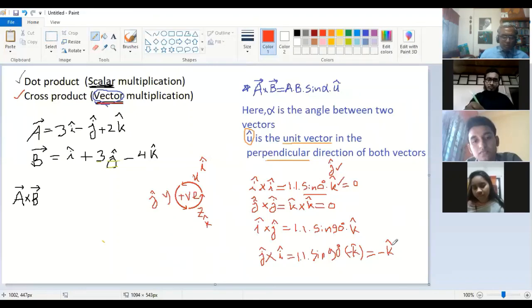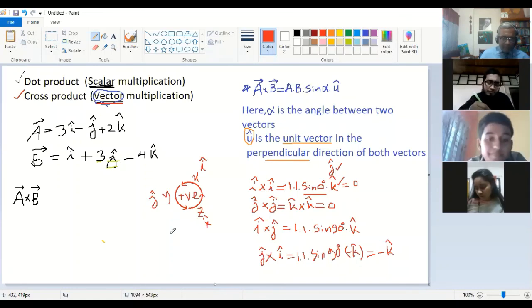Now think about the others in a similar way. Think about i cross k. What will be i cross k? Will it be plus j or minus j?